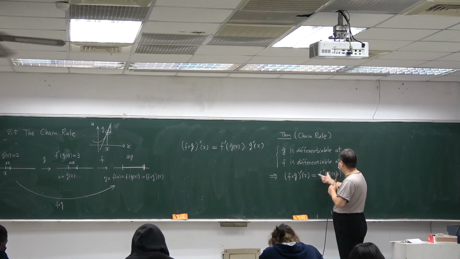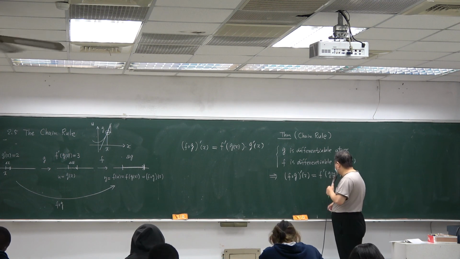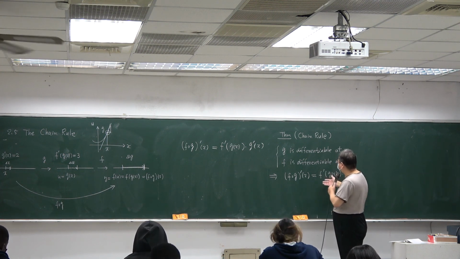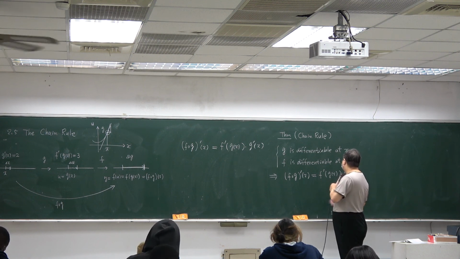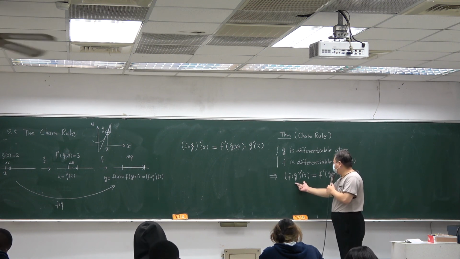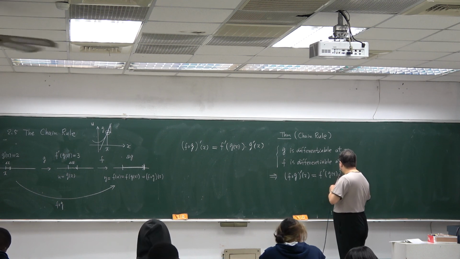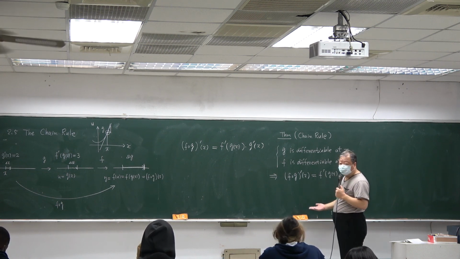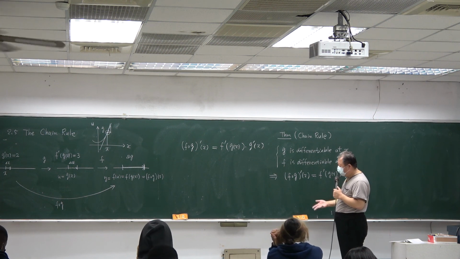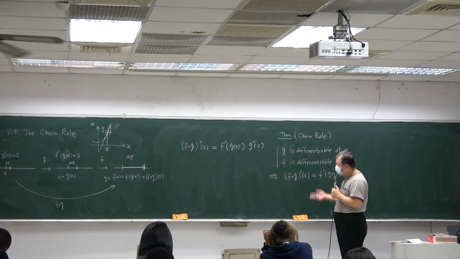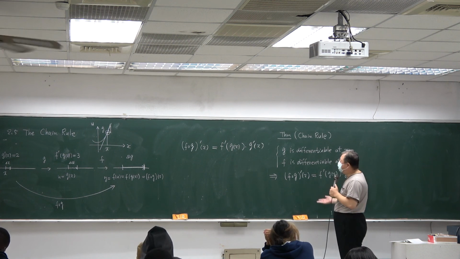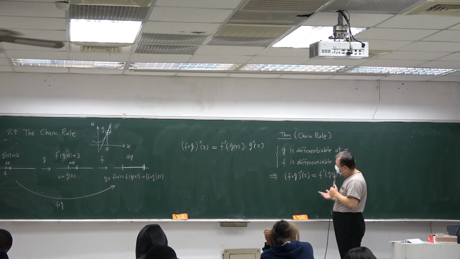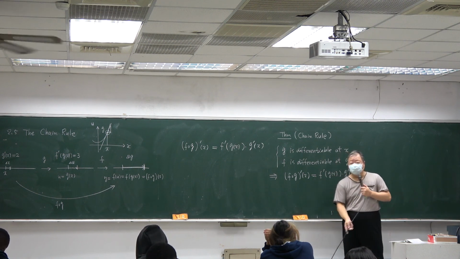In that case, this is 3. 3 times, or 6 times 3. So this one is the product of 2 numbers. This is chain rule, just like multiplication. 2 times 3, 3 times 2 equals 6. 3 times 4 equals 12. 3 times 9 equals 27.